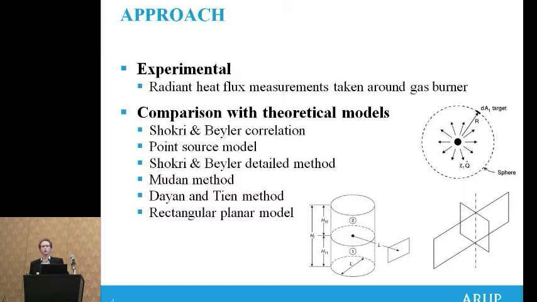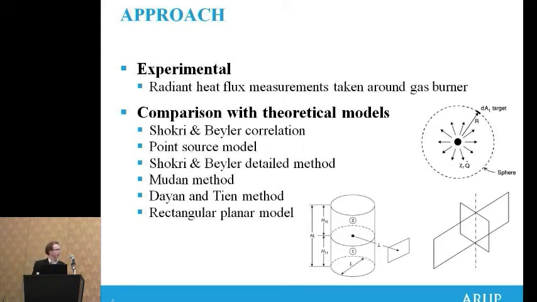Essentially, that assumes that all energy from the fire emanates from a single point source, which is located in the center of the fire, and energy radiates radially outwards from that point source. I then looked at 3 cylindrical models. One of them is depicted here, where the fire is assumed to be a cylinder and radiation emanates from the surfaces of the cylinder.